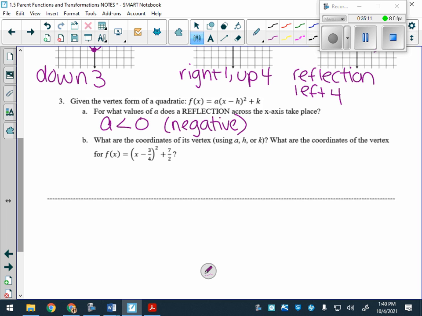Which letters? H and K. Good. So the vertex is HK. Awesome. According to this problem, which is a quadratic, what are the coordinates of the vertex? Caitlin. Good. 3/4 and 7/2. Excellent.